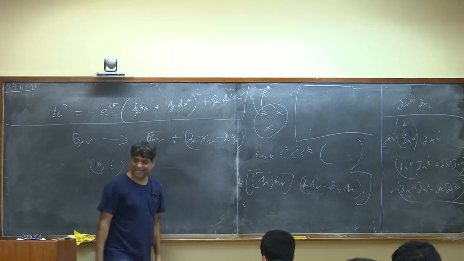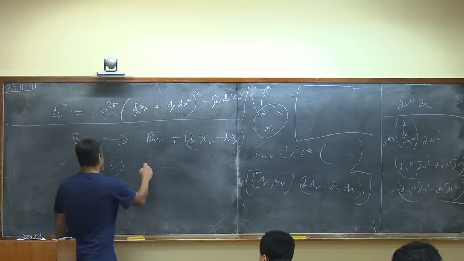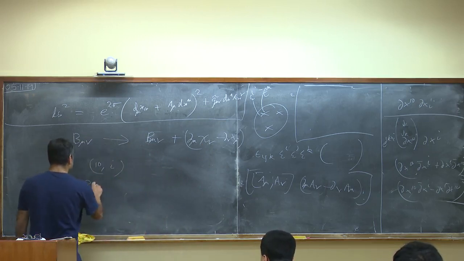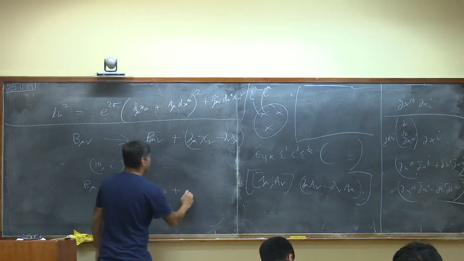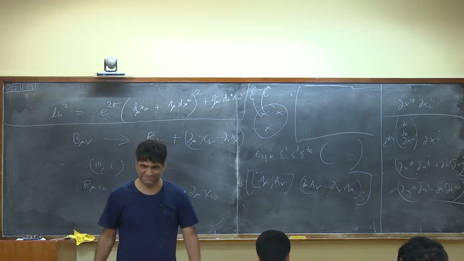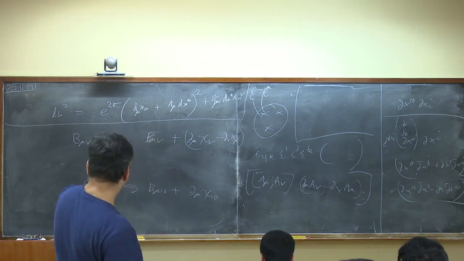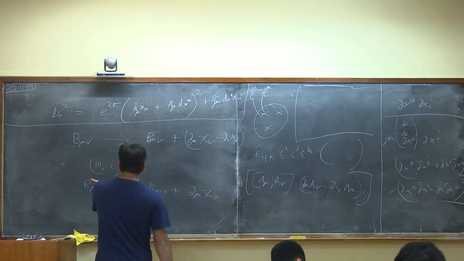But the del mu chi 10 is non-zero. And therefore we see that B mu 10 goes to B mu 10 plus del mu chi 10. And that's a gauge invariance for B mu 10. Therefore, B mu 10 is another gauge field.